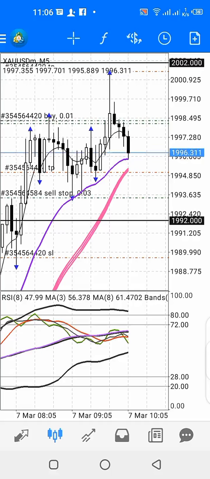So the trade is running. Expect the TP for the sell trade to close first, as it is.